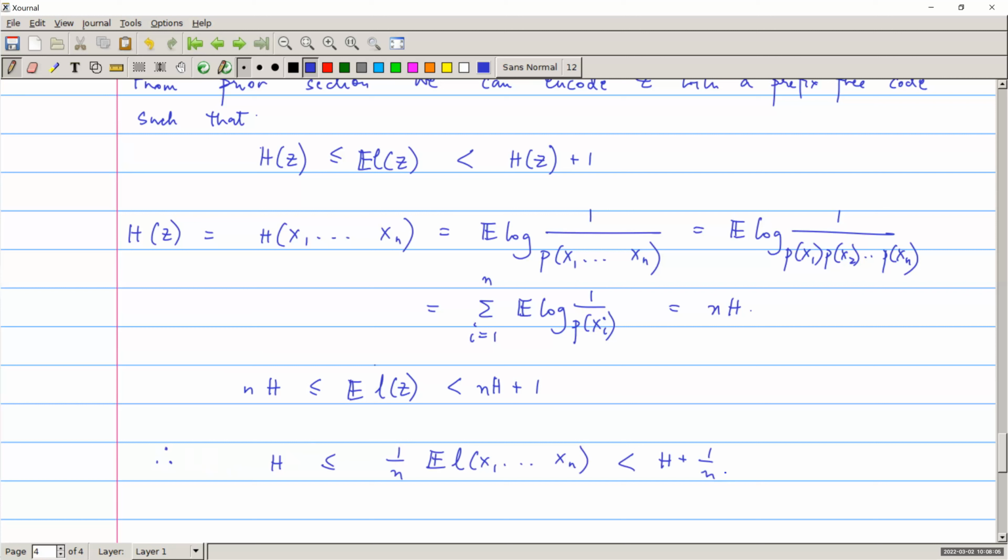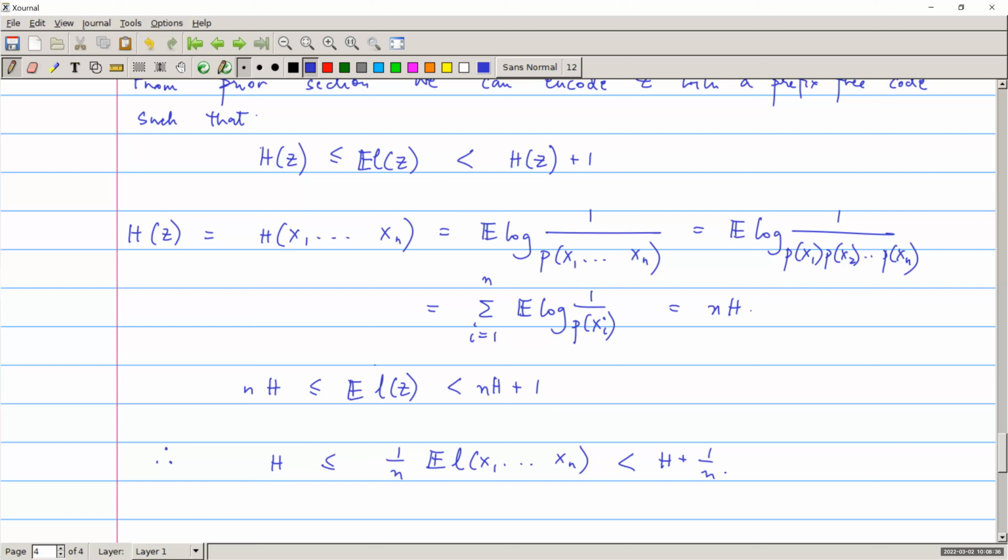Because z is x1 through xn, so we are actually encoding n realizations of the random variable. Okay, so per realization of the random variable, the number of bits we use is between h and h plus 1 over n. And when n becomes large and goes to infinity, the right side also approaches h.